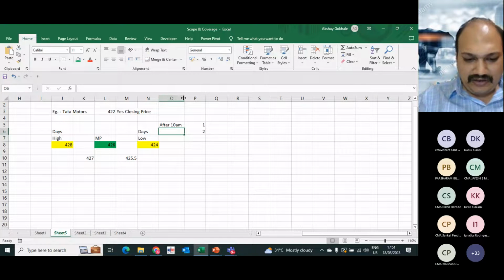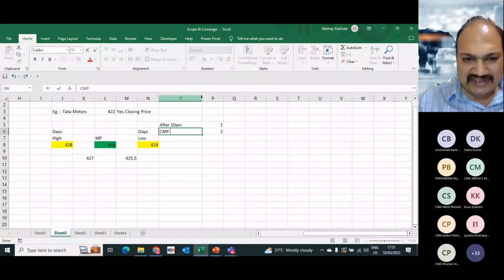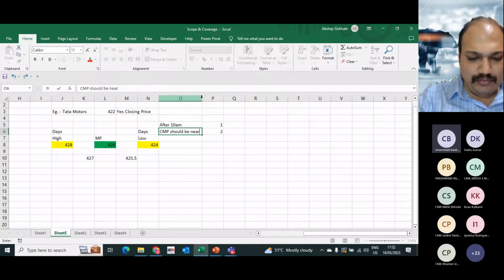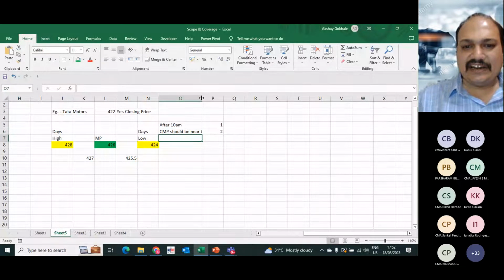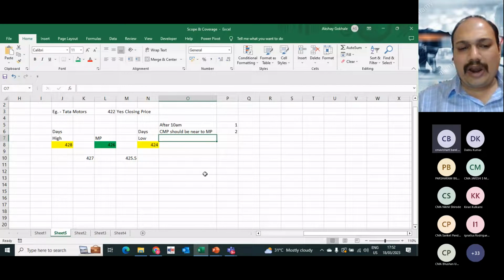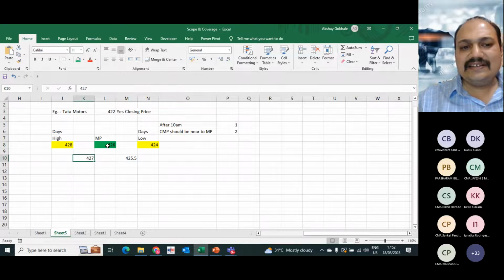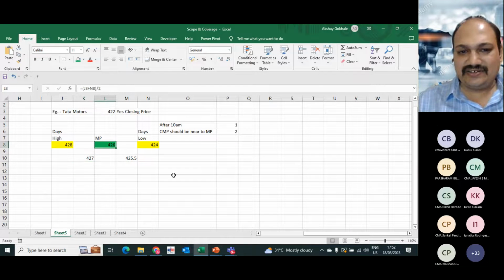The second condition is your current market price. CMP means current market price should be near to the midpoint. This is my second condition. You have to identify that stock whose current market price is near to the midpoint price of the day.